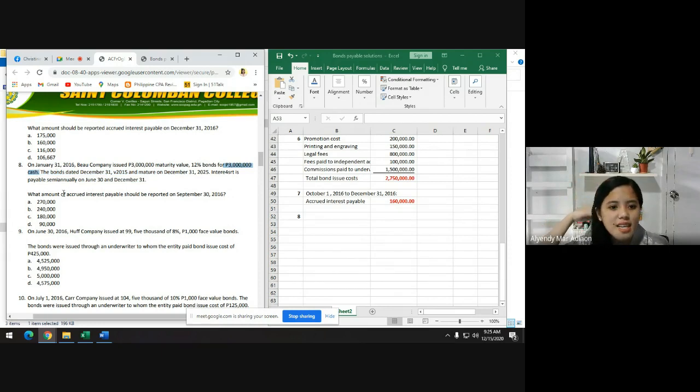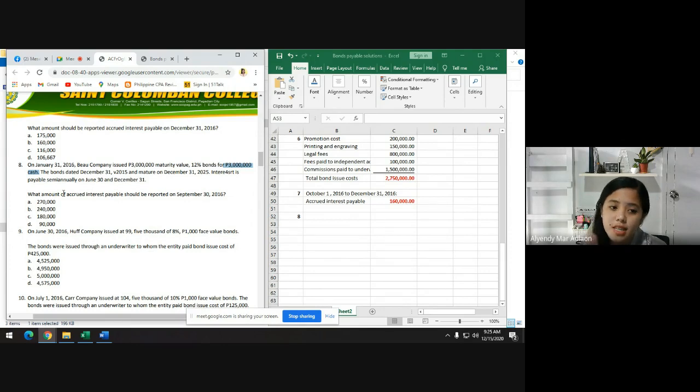Okay? So, meaning class, same ra ang iyahang face value and the proceeds. No? So, the bonds dated December 31, 2015 and mature on December 31, 2025. Interest is payable semi-annually on June 30 and December 31. What amount of accrued interest payable should be reported on September 30, 2016?